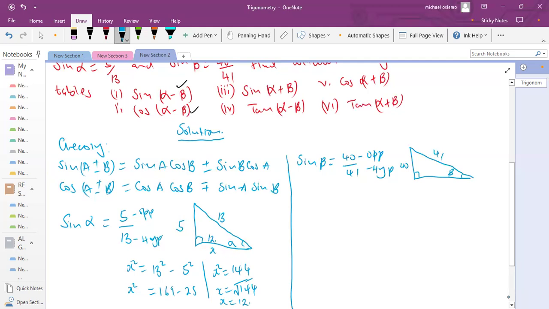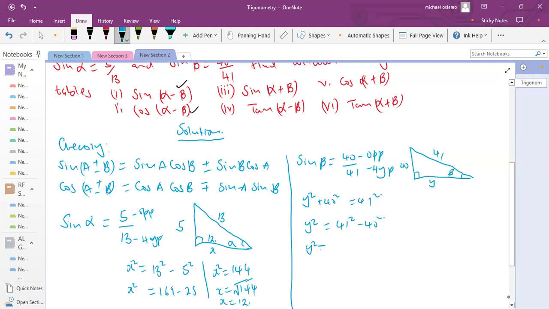If we call this one y, then y squared plus 40 squared is equal to 41 squared, so that y squared is equal to 41 squared minus 40 squared.